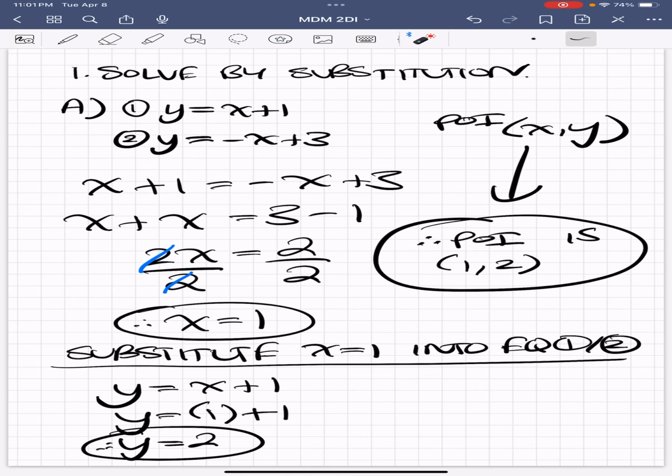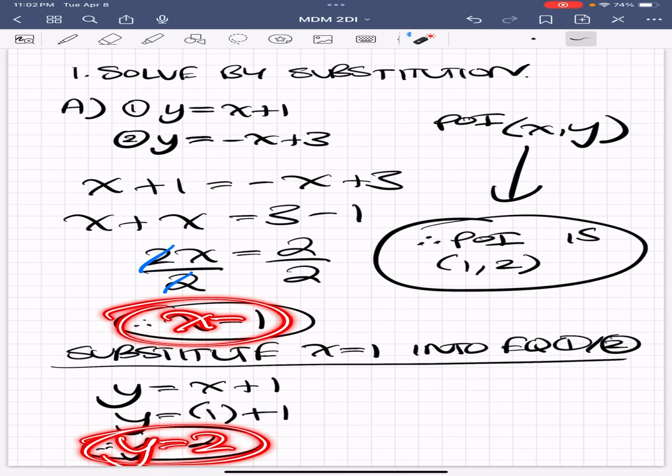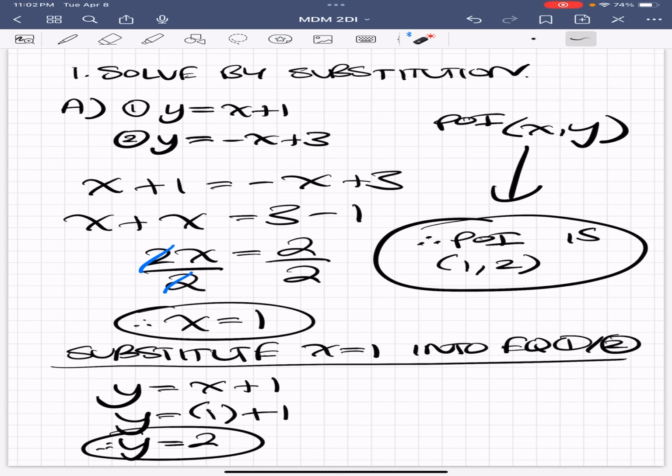After that, we have the x coordinate of the POI. Using the x coordinate of the POI, we substituted x equals 1 into the original equations given, equations 1 or 2. I chose the easiest one, and then I was left with y equals 2, and then we have both answers, x equals 1 and y equals 2.